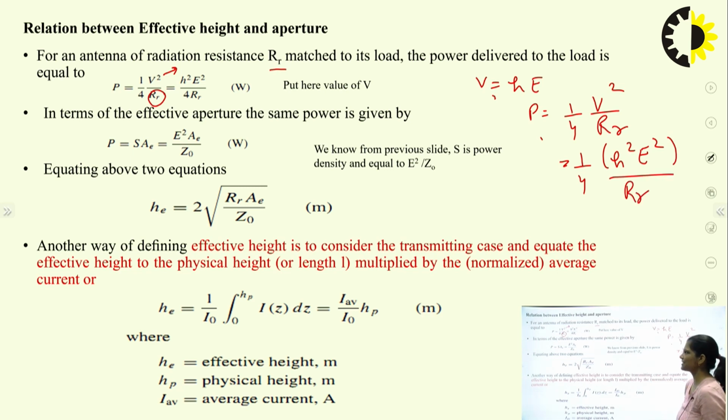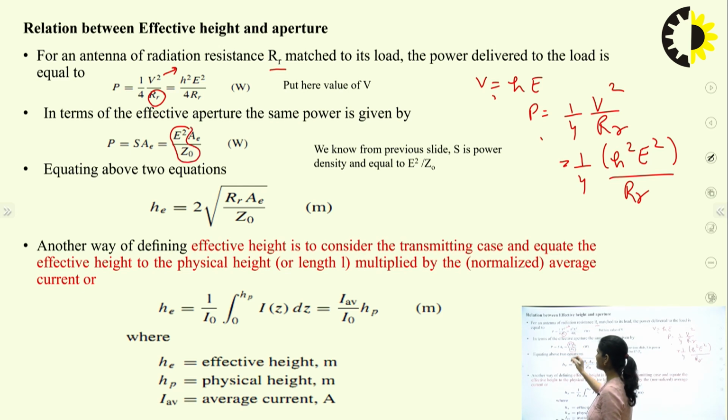This is in terms of radiation resistance. In terms of effective aperture, the same power is given by P is equal to S AE. And as we discussed in the previous lecture, S is equal to E square upon Z naught, multiplied by the effective aperture.